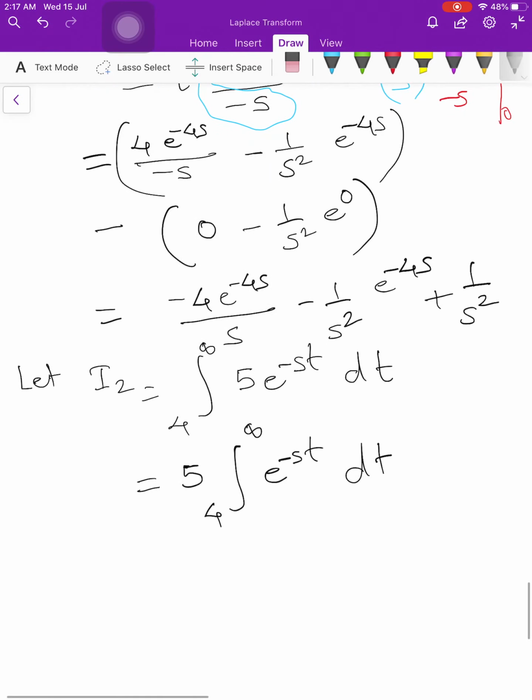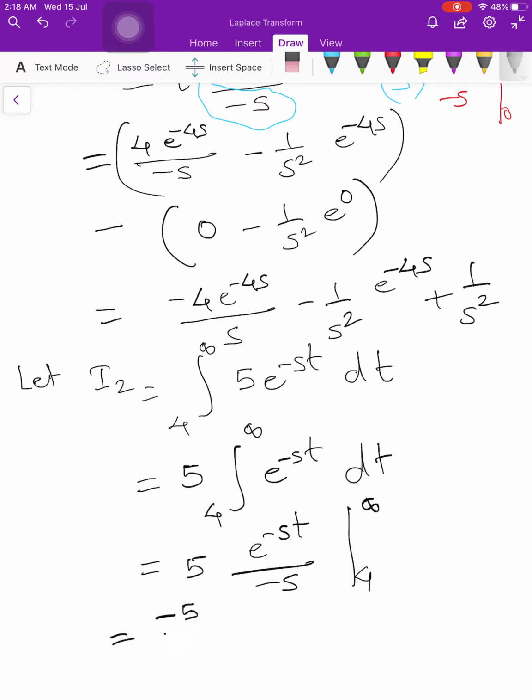Now what is the integration of e raised to minus st? The integration of e raised to minus st is e raised to minus st upon minus s, with the limit 4 to infinity. So 5 times minus 1 upon s is a constant, e raised to minus st.